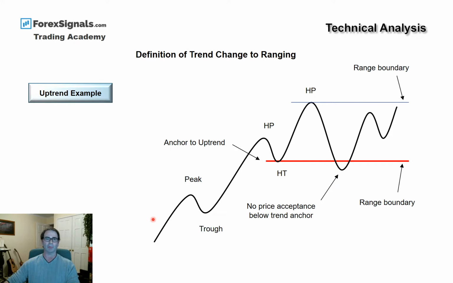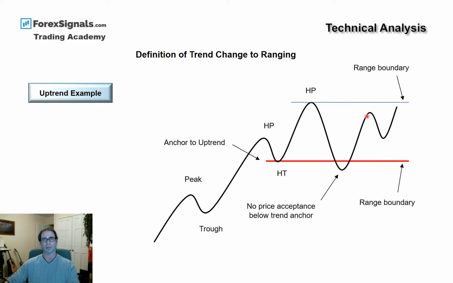So here we have an uptrend example where prices come up into a peak, down to a trough, created a higher peak, higher trough. We have a break of the higher peak here, so our trend is continuing, and now we have our anchor in place. Prices pushed up, created a higher peak. Now prices pushed down, and it's attempted to break the anchor, but we don't see price acceptance below the trend anchor.